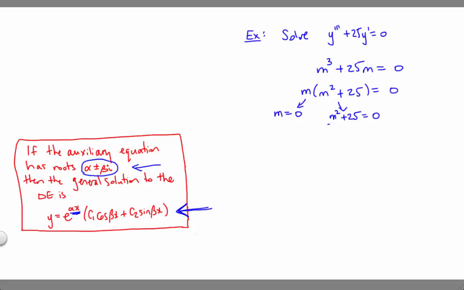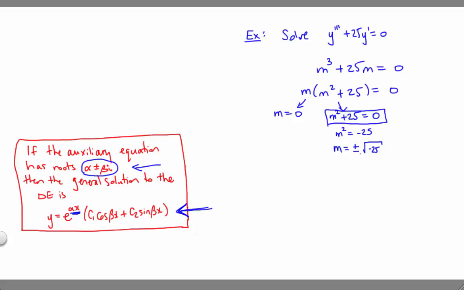So to solve this equation here, you could use the quadratic formula, but when there are only two terms on the left side, it's often a little bit easier just to take a shortcut. So we could say m squared is equal to -25, and then we can take square roots of both sides as long as we recognize that we're going to be getting both the positive and the negative square root. So m is equal to plus or minus root -25.